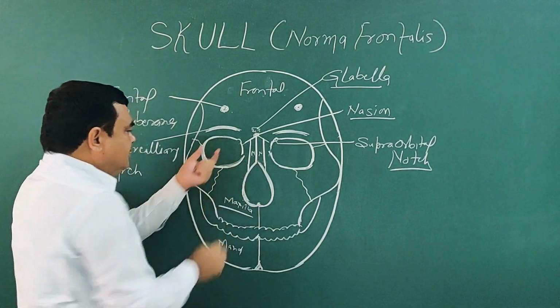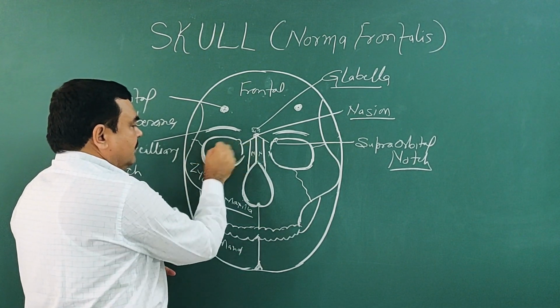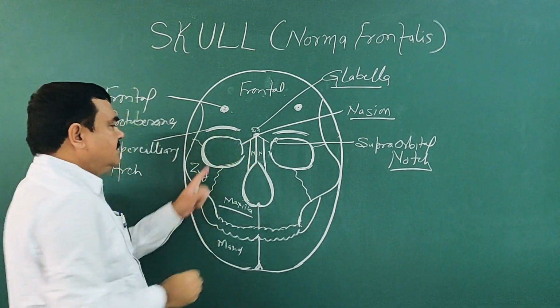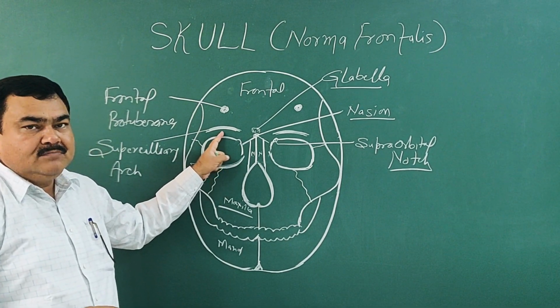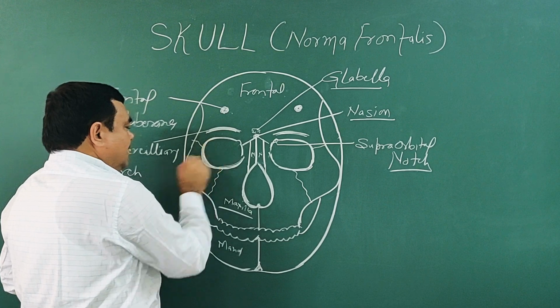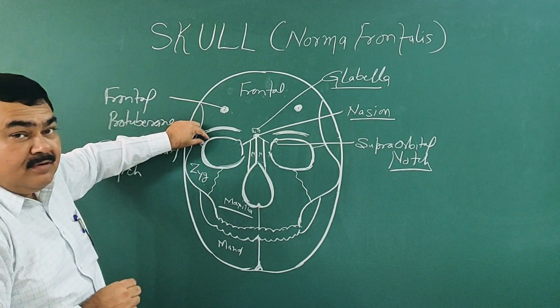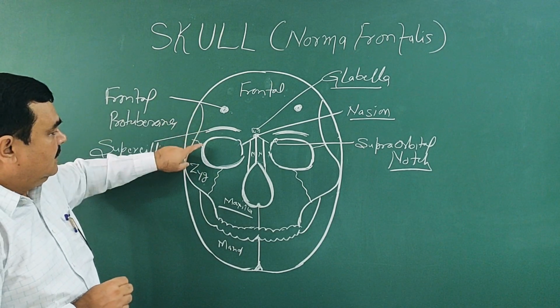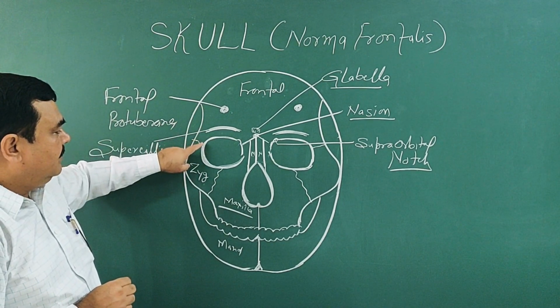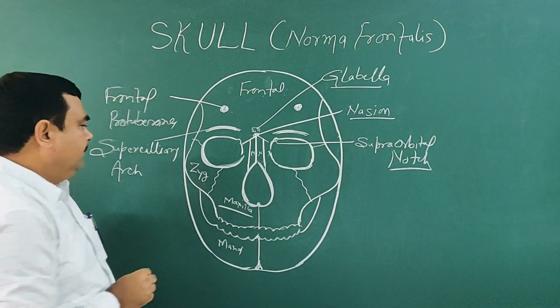This superior margin is made up of the frontal bone. The lateral margin: the upper part is made up of the frontal bone and the lower part is made up of the zygomatic bone.